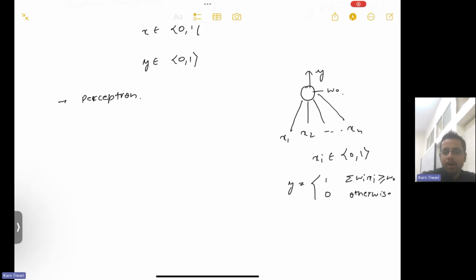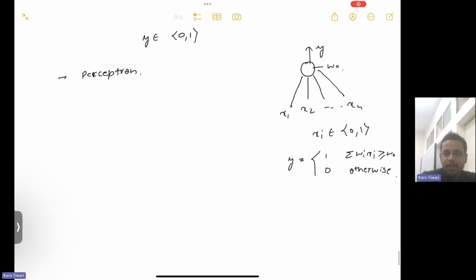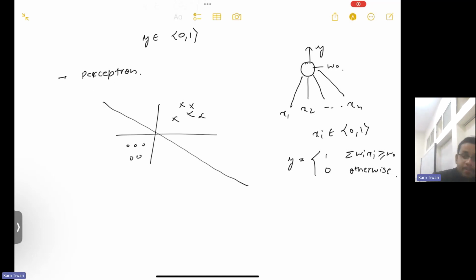So it was a very simple model. Then we talked about the learning algorithm, which was used for the classification task. Suppose we had two clusters. Using this algorithm, you can find the separating hyperplane.